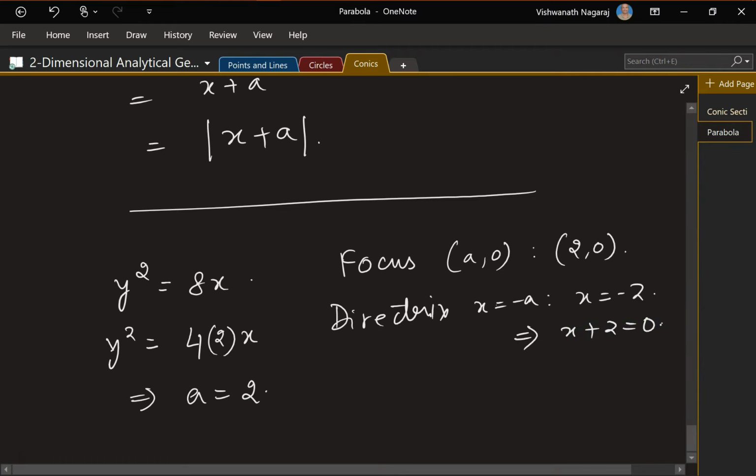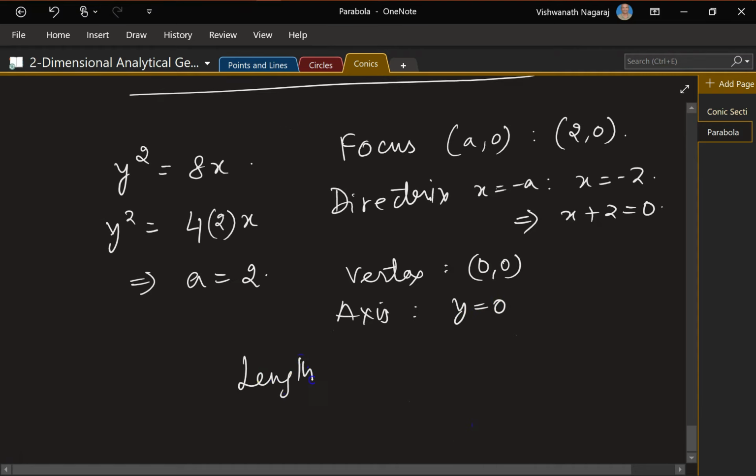Vertex we know is 0 comma 0. Axis is the x-axis, so y equal to 0.